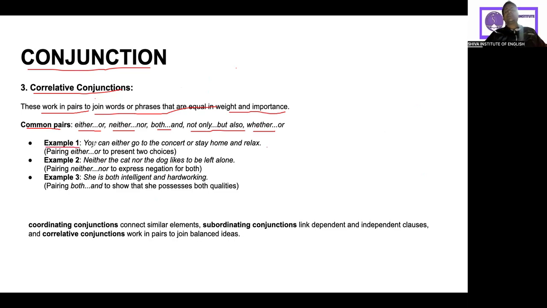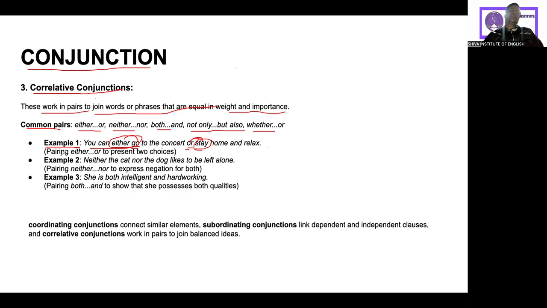The first example: "You can either go". You can see that "either" is used before the verb "go". So: "You can either go to the concert or stay home and relax." Now you find that "stay" is another verb, where before "stay" we use the word "or": "or stay home and relax."